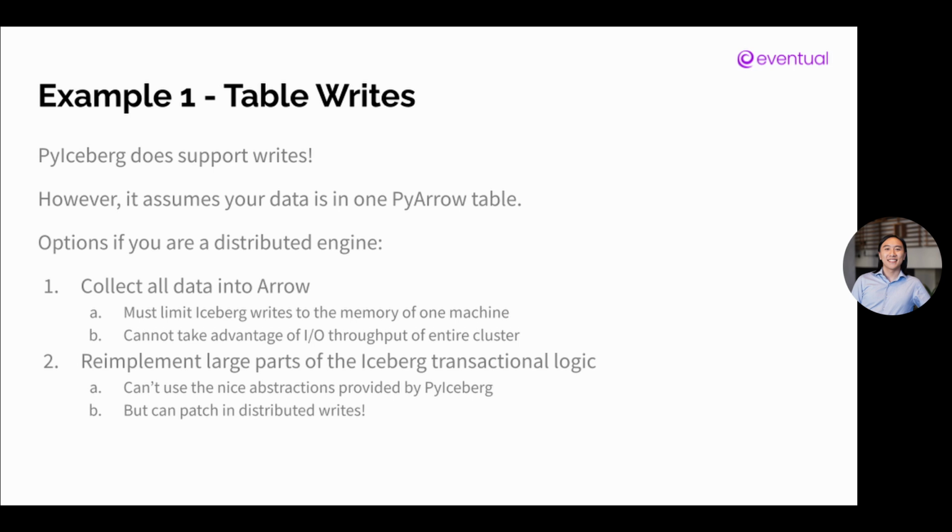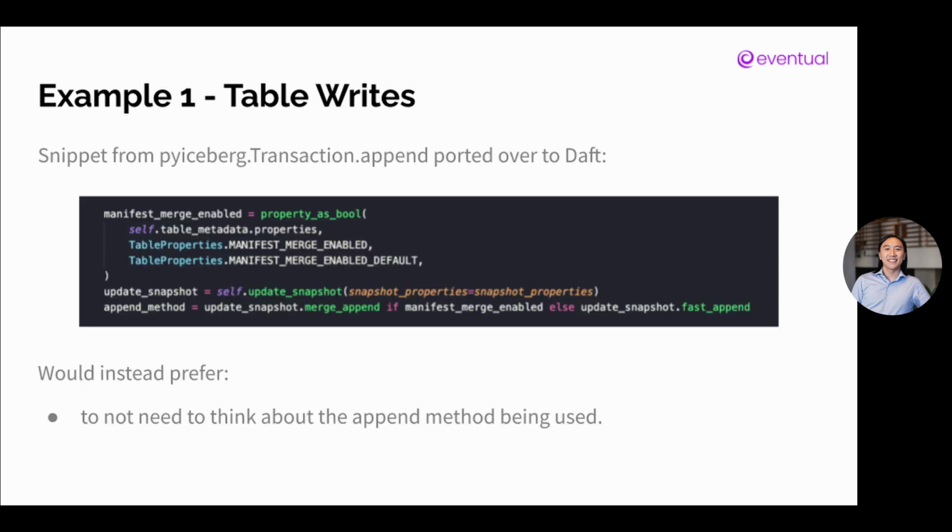The alternative is to re-implement large parts of the Iceberg transactional logic that PyIceberg does. And that's the one that we chose to do. Unfortunately, we can't use the nice abstractions provided by PyIceberg anymore if we do this, but because we're re-implementing a lot of this, we can patch in our distributed write functionality. So here's an example of one of the abstractions that we can no longer really use.